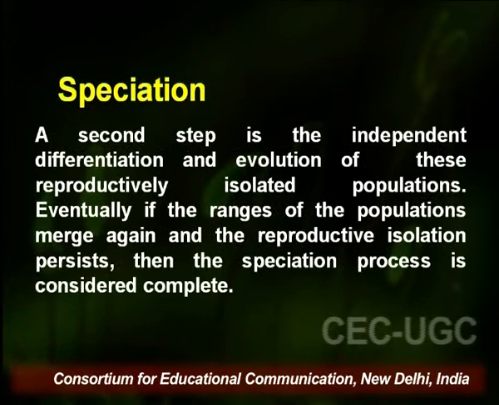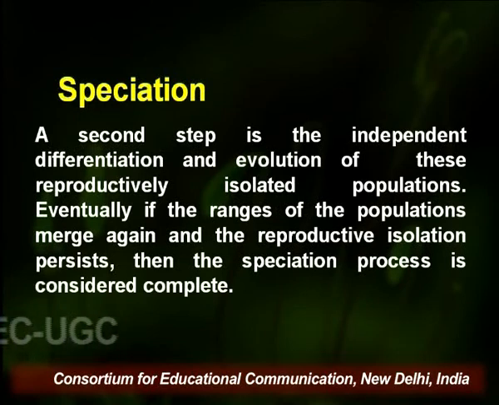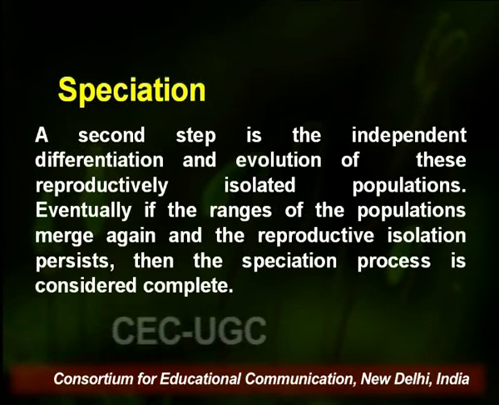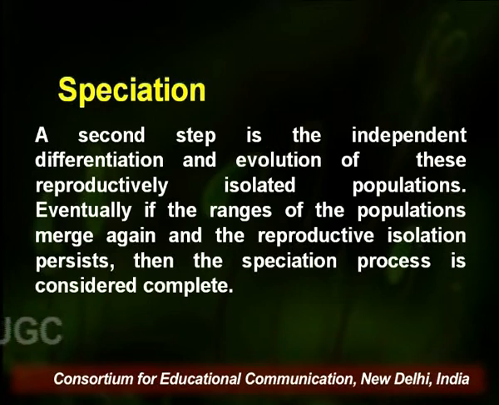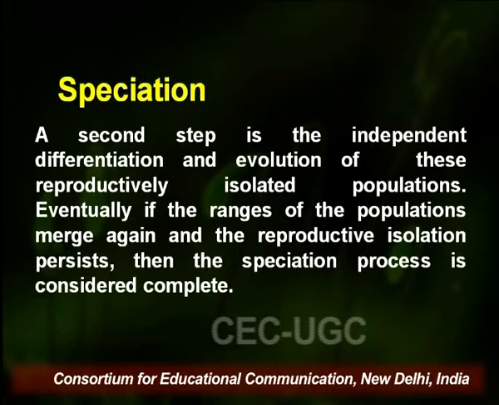A second step is the independent differentiation and evolution of these reproductively isolated populations. Eventually, if the ranges of populations merge again and the reproductive isolation persists, then the speciation process is considered complete.